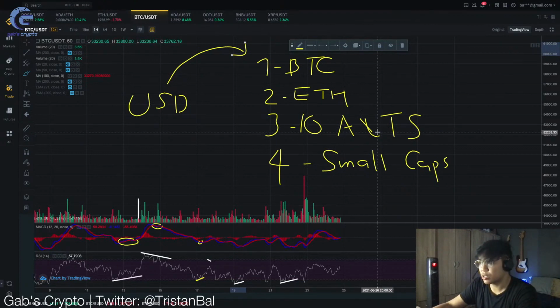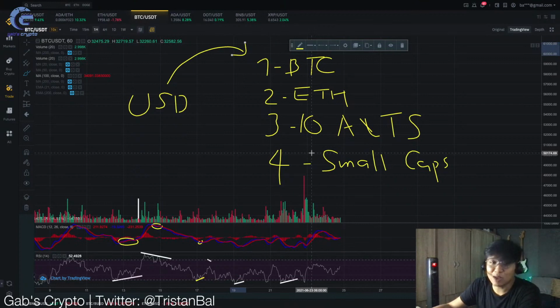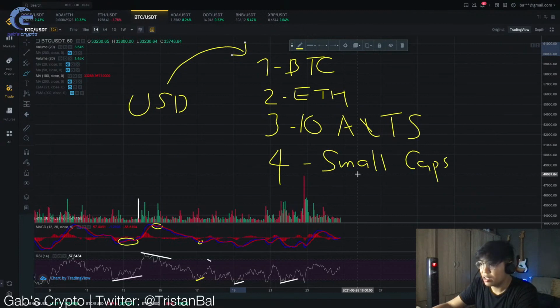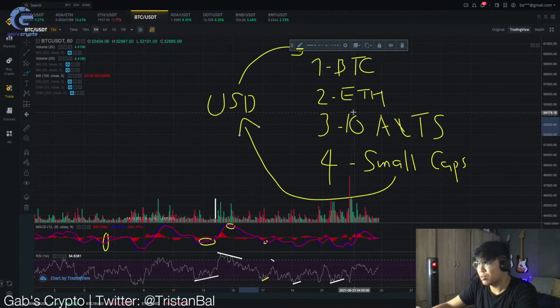And then after ng top 10 altcoins, doon sila nag-invest sa mga small cap coins, like yung mga very small valued coins such as Ponzi coins. Nakita nyo ang dami nag-pump na Ponzi coins noong altcoin season kasi yung money flow nga. And then after that, saka tayo babalik sa US dollar. So ganun yung usual playout nila, especially nung altcoin season ngayon. Nakita nyo guys kung paano nag-playout siya.